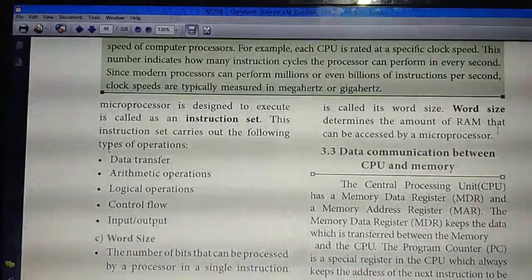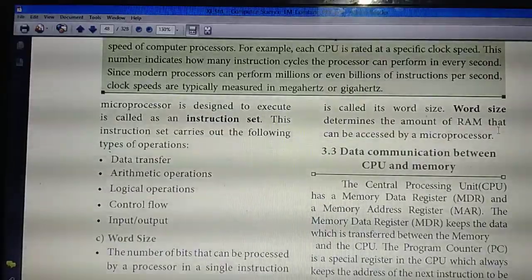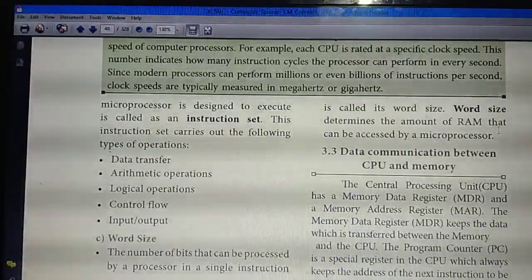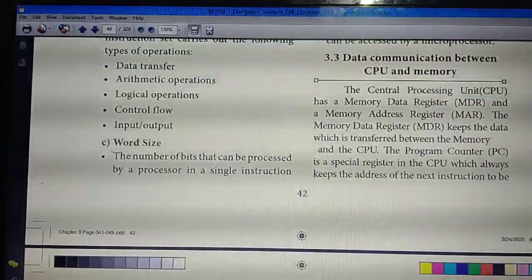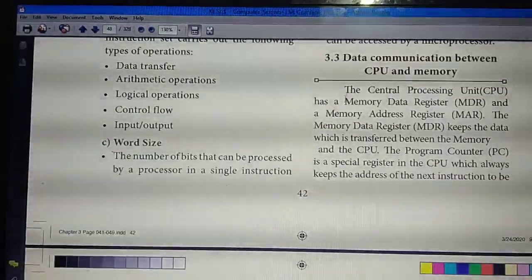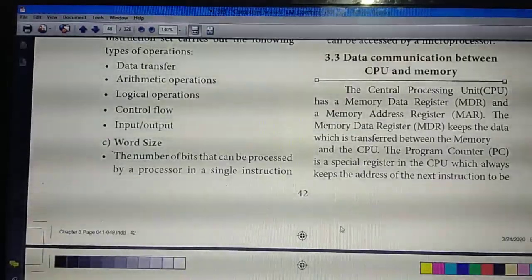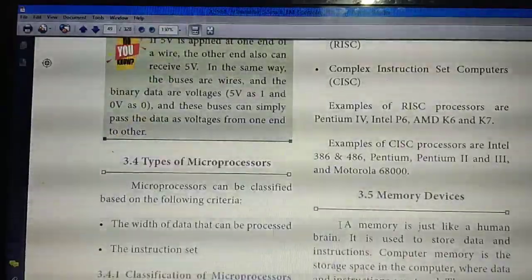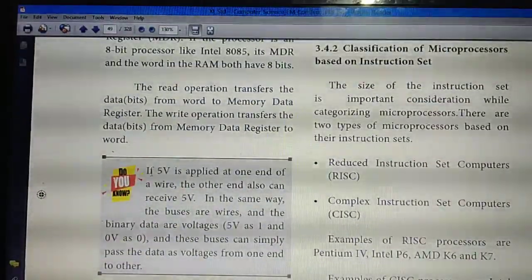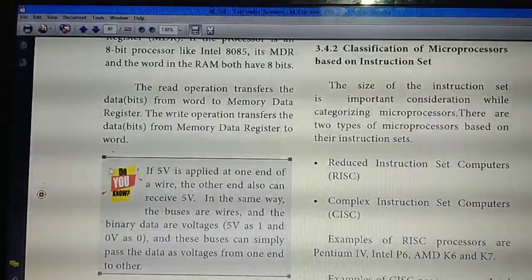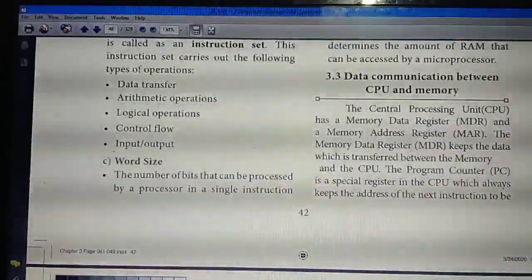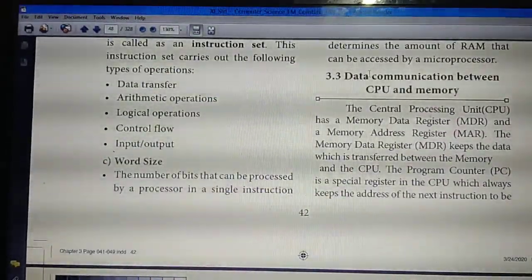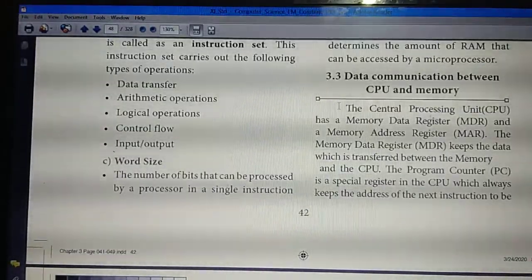So second detailed question. How the read and write operations are performed by a microprocessor. Page number 42 and 43. Read and write operations, starting from here, the data communication. Page number 42, the central processing unit has a memory data register.